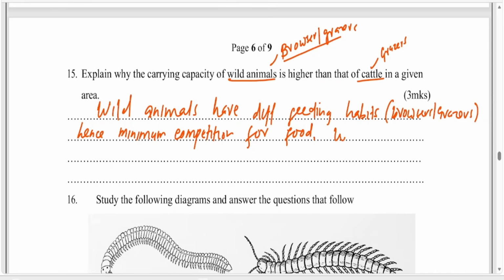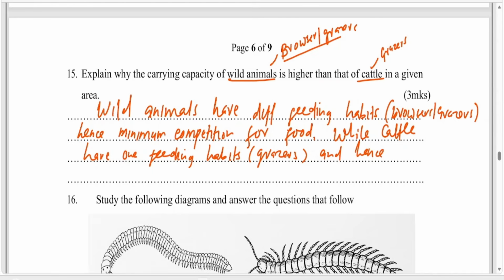While cattle have one feeding habit. In other words, they are grazers only, and hence more competition for available grass.